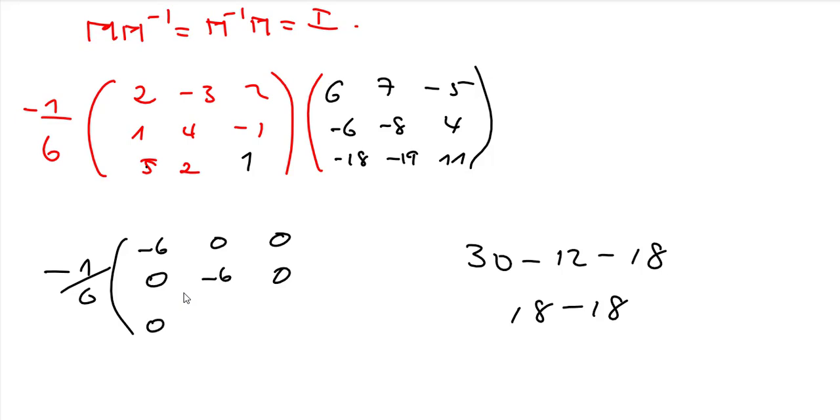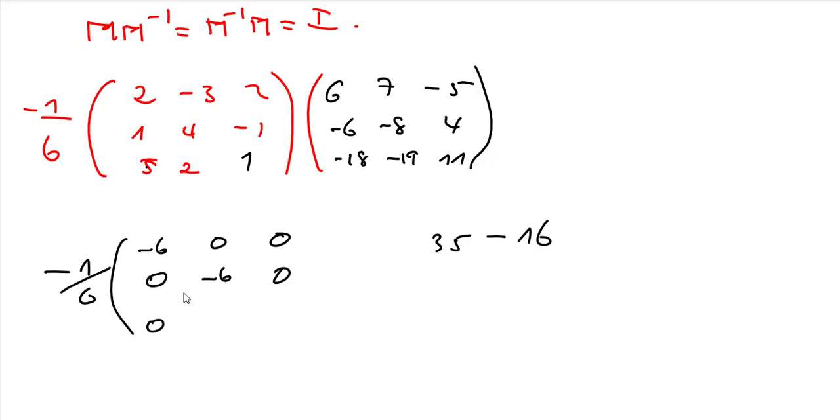It does not affect any of our results since we're multiplying with the first two. Okay, so the other will be 5 times 7, which is 35. 2 times negative 8 is minus 16. And 1 times negative 19 is minus 19. So if we remove 16 from 35, we are left with 19 minus 19. So the final result is 0.